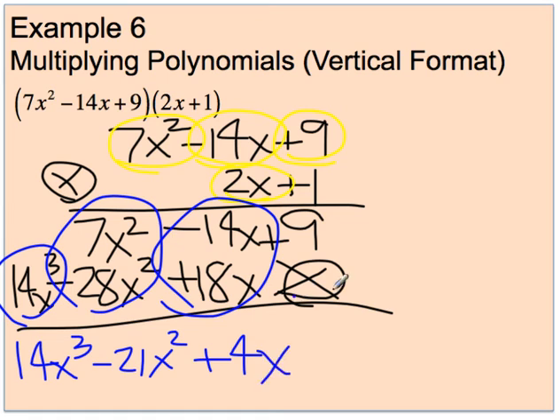And then finally our placeholder with our plus 9 is just going to give us plus 9. So multiplying polynomials in a vertical format follows a similar pattern to what we did multiplying whole numbers, using this system when we first learned how to multiply whole numbers.